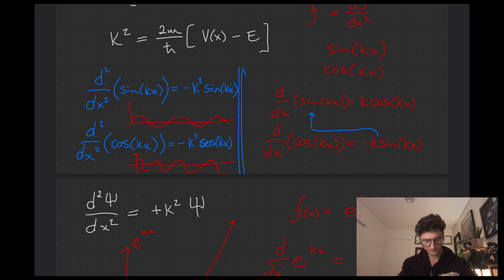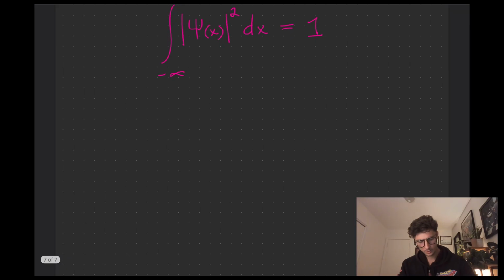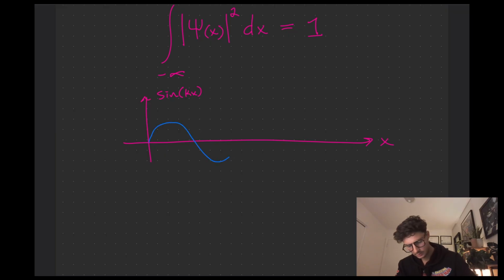Well, think about what the absolute value squared of a sine or cosine looks like. So here I'm going to plot x, and I'm just going to plot sine of kx. So sine of kx starts at 0, and it goes like this, and it goes to the negative sides too, whatever.